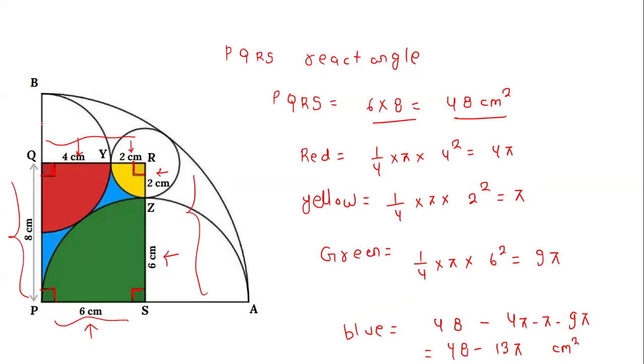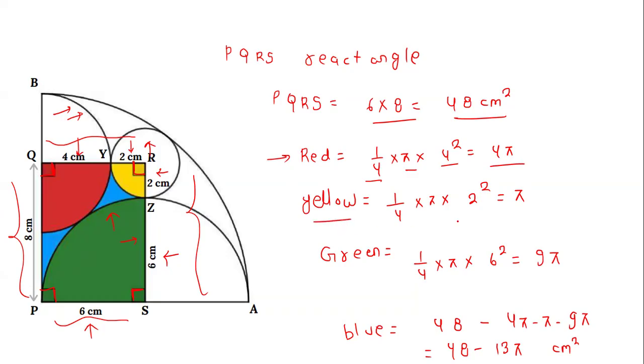Now we know the radius of this semicircle, this circle, and this semicircle also. So we know radius of all circles and semicircles, so we can easily calculate those areas. So the red area is 1 by 4th of pi times this semicircle radius square, which is 4 square, so it will become like 4 pi.